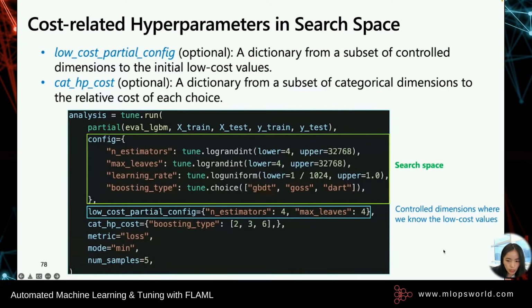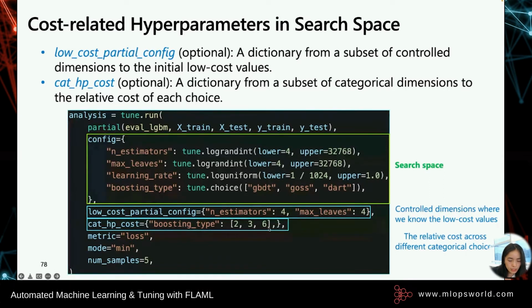The second relevant keyword argument is cat_hp_cost. It can be used to specify the relative cost across different categorical choices, if such information is available. For example, according to my past experience with LightGBM, I learned that the relative computation costs of LightGBM models with different booster types of gbdt, goss, and dart are 2, 3, and 6.